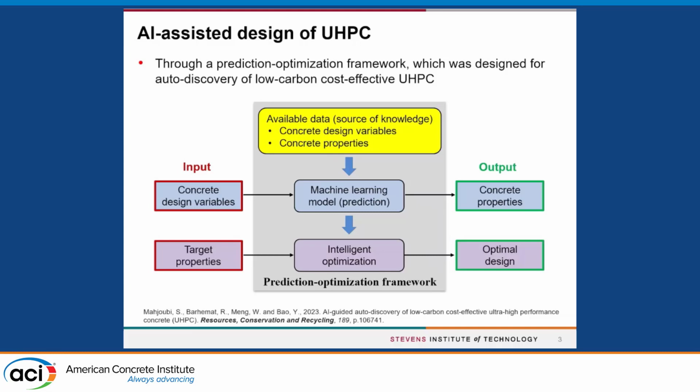In this case, the input is the concrete design variables, and the output is the concrete properties. Based on the well-established machine learning model, we will embed the optimization algorithms so that we can input the target properties and output the optimal design.